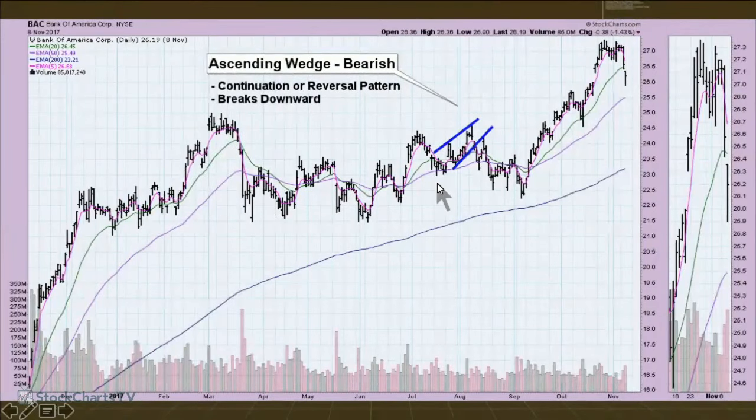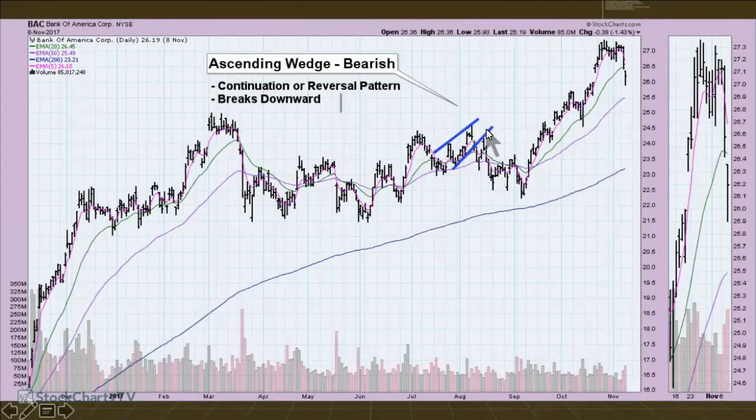Ascending wedge. These are the opposite, of course, of the descending wedge, which is bearish, could be continuation or reversal. You should, though, expect a breakdown of these patterns. That's typically what you're going to see. In this case, we failed at overhead resistance.